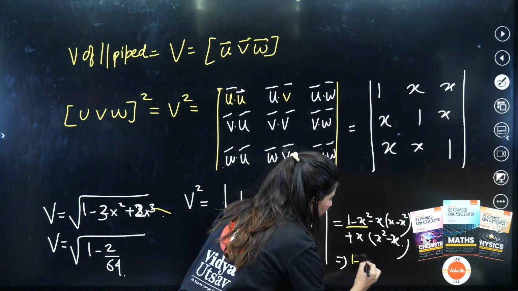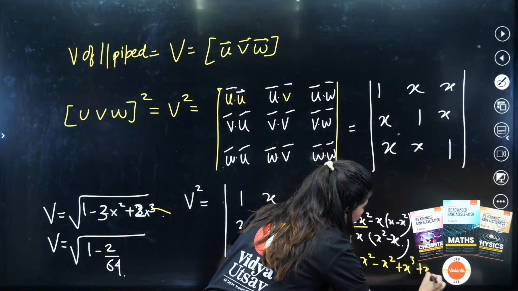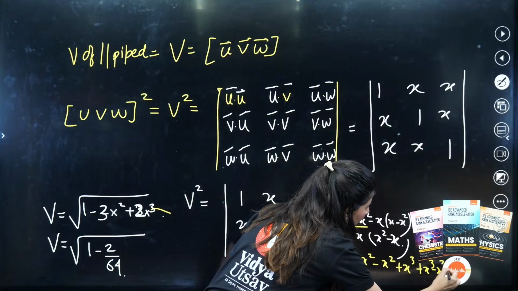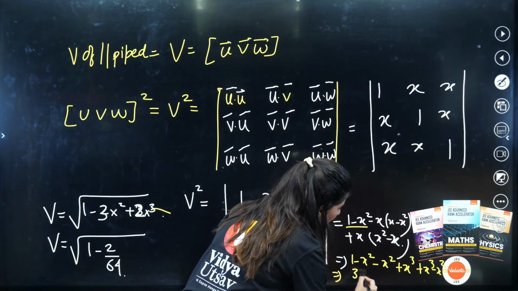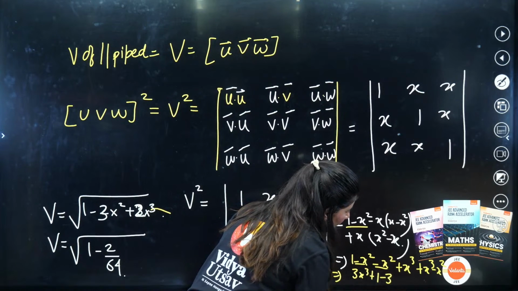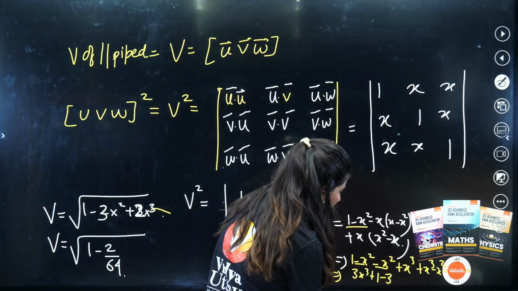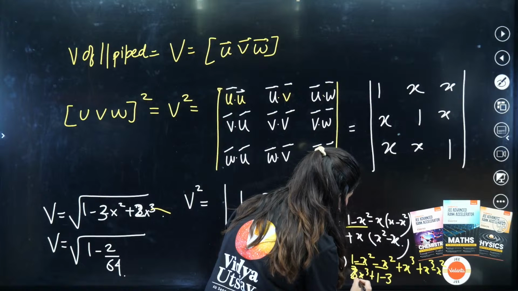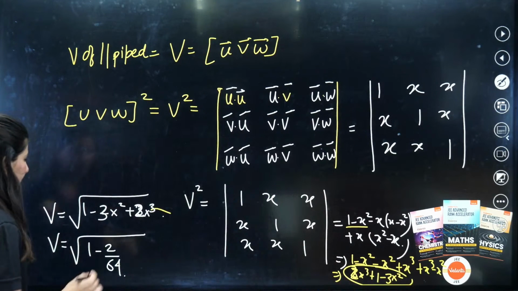Now expand: 1 minus x square plus x cube minus x square. So we are going to get 2x cube plus 1 minus 3x square. Yes, the 2x cube is there.